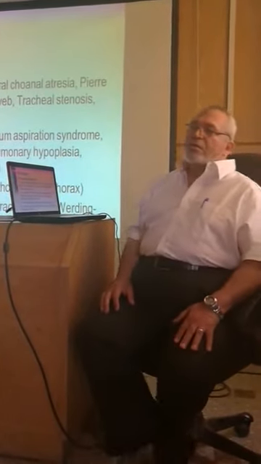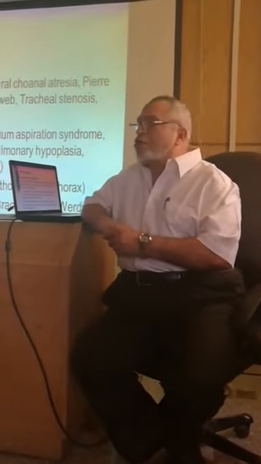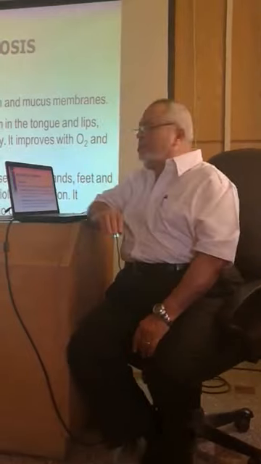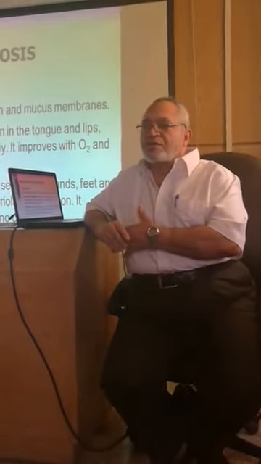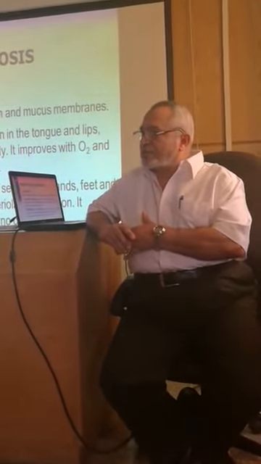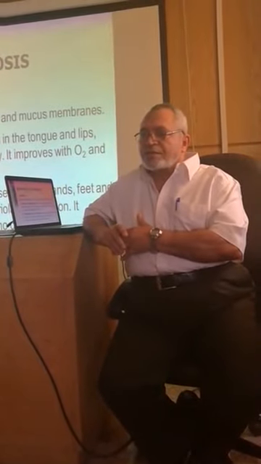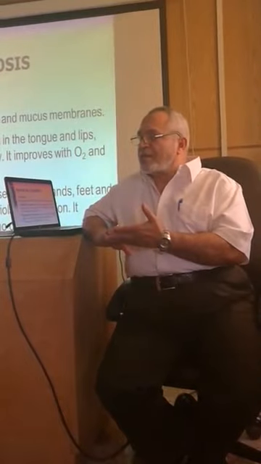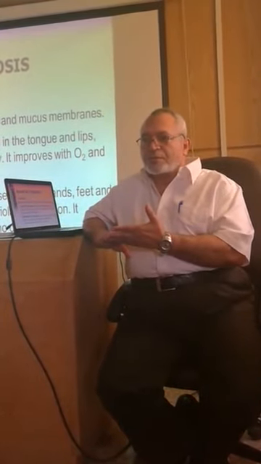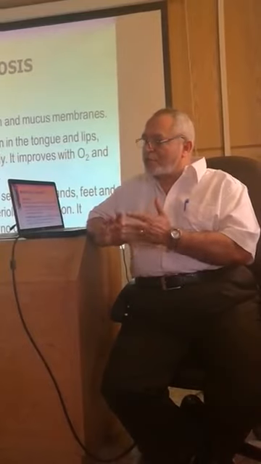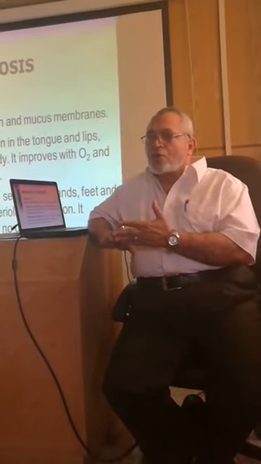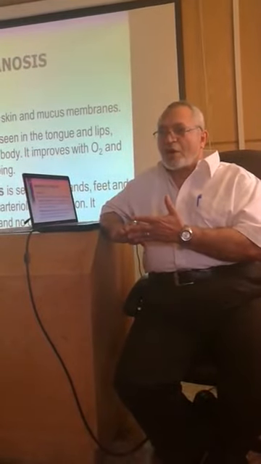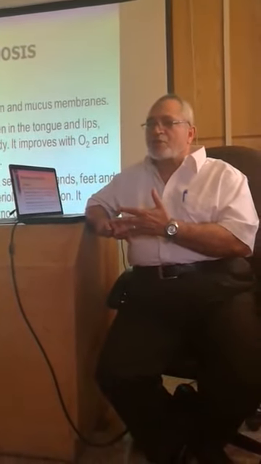What are the causes of central cyanosis? Usually, cyanosis, as we said in the definition, is mainly due to increased reduced hemoglobin. So, who can oxygenate and supply the body with oxygen?